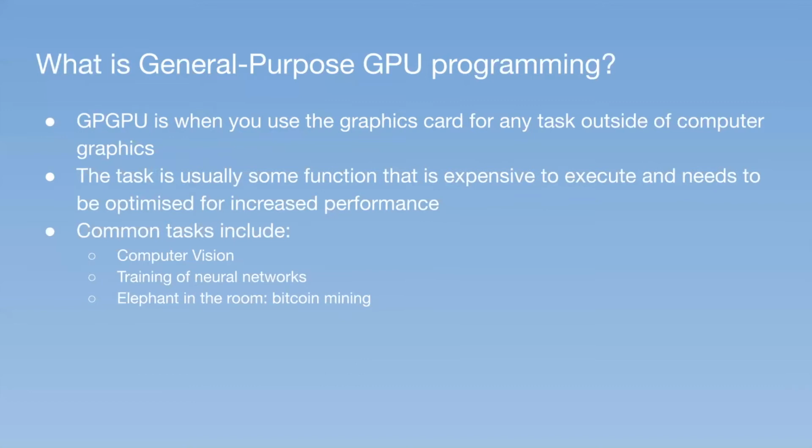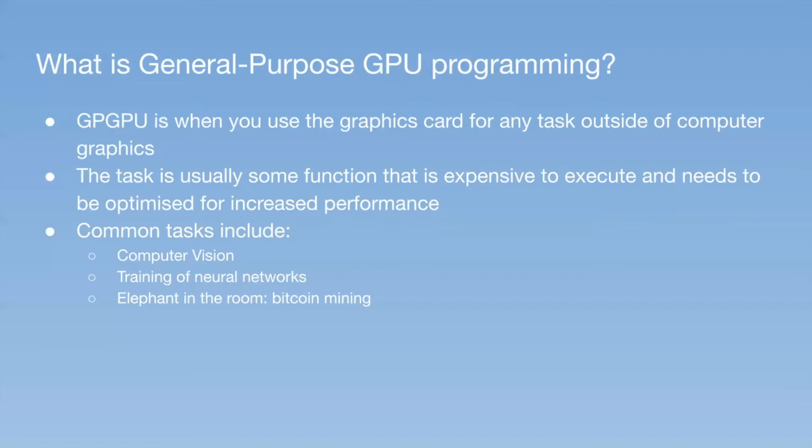An example of that would be computer vision, which is sort of the reverse operation of computer graphics. Then something else would be the training of neural networks, particularly a neural network that operates on images; it will be quite good to put it on the GPU for increased performance. And the elephant in the room here is Bitcoin mining.